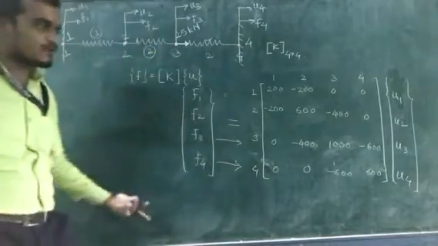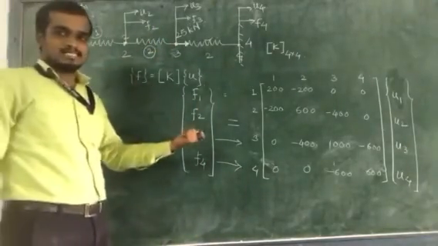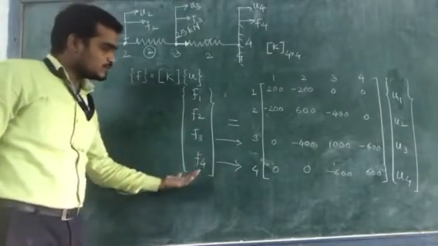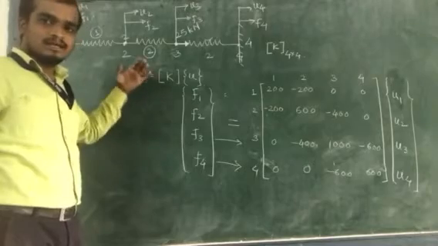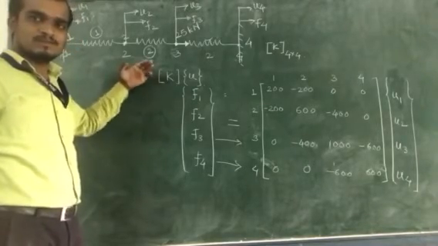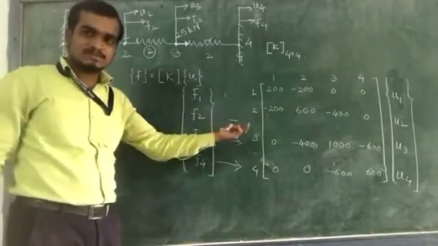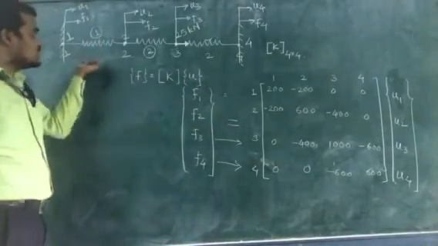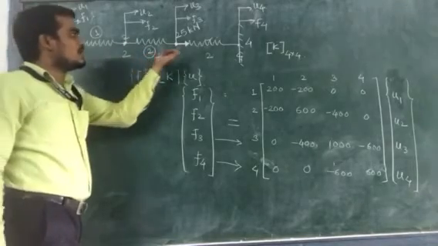Now next step is what? Apply the boundary conditions. Up to this, which steps have we covered? First one is construction of the elemental stiffness matrix. Second one is construction of the global stiffness matrix. First we constructed the elemental stiffness matrix for elements 1, 2 and 3.